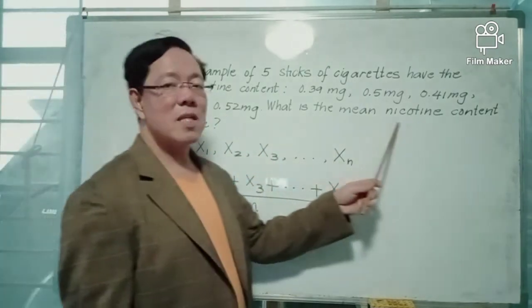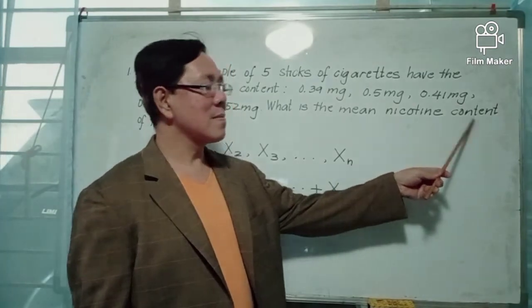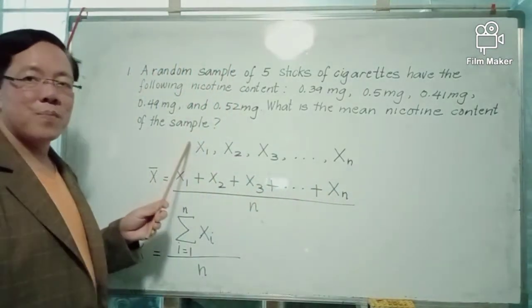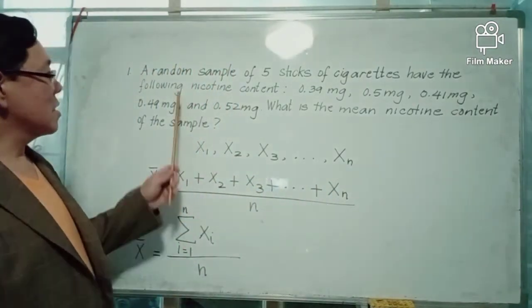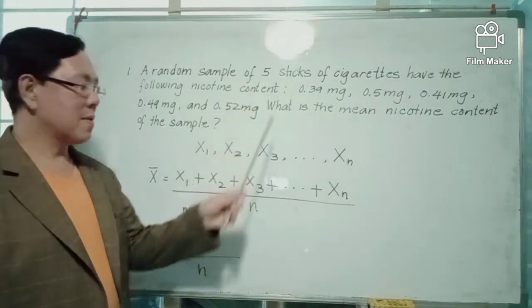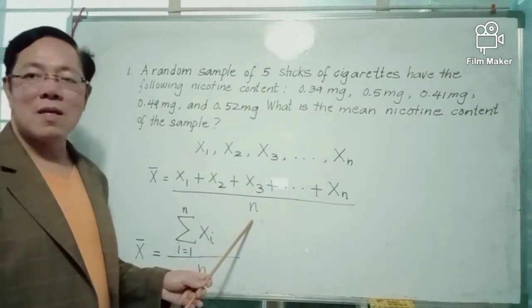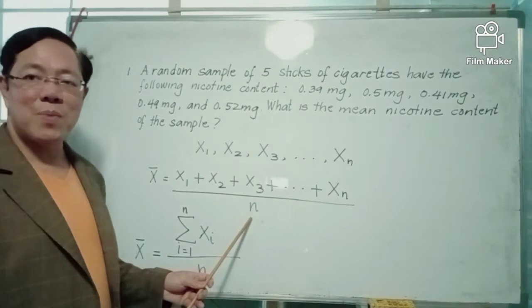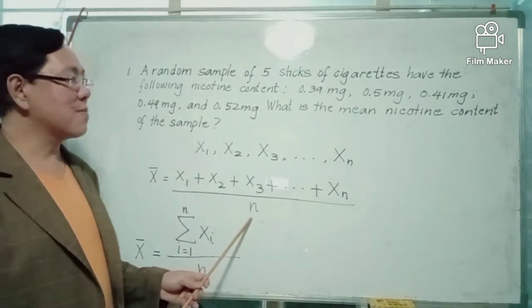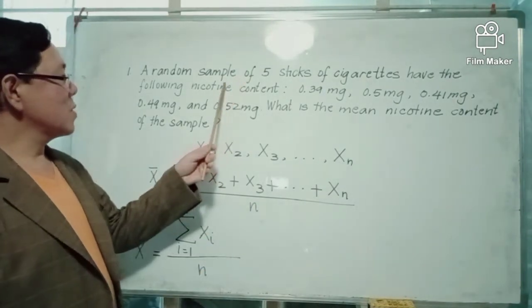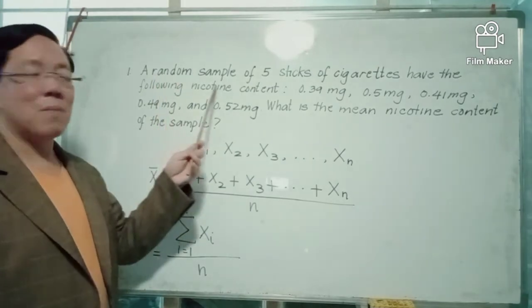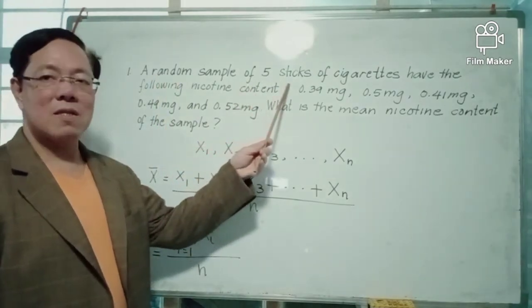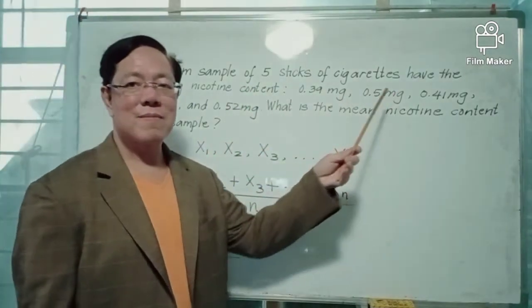What is the mean nicotine content of the sample? In this example, our n in the formula for the mean, the number of data values given, is 5, because we are given a random sample of 5 sticks of cigarettes.